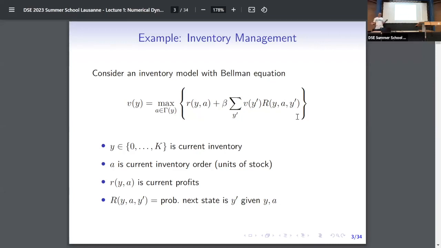It's going to determine the level of inventory we have next period. There's some details about the particular functions that I've chosen for profits and so on, which we'll see once we get to the code, but that's the basic structure. And as you can see, it's a very generic looking Bellman equation.